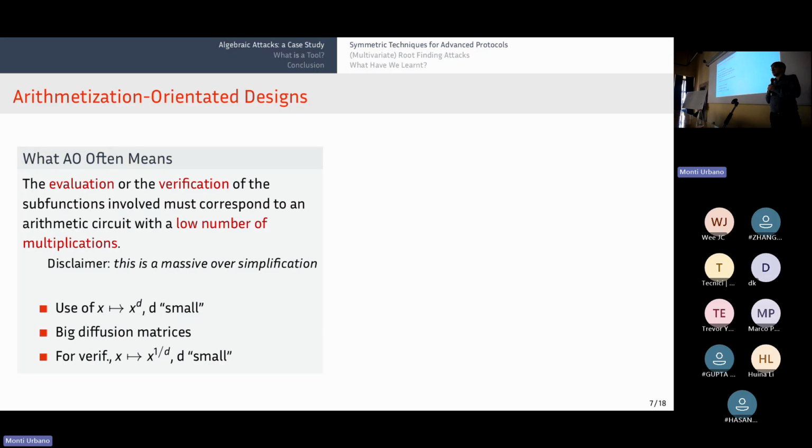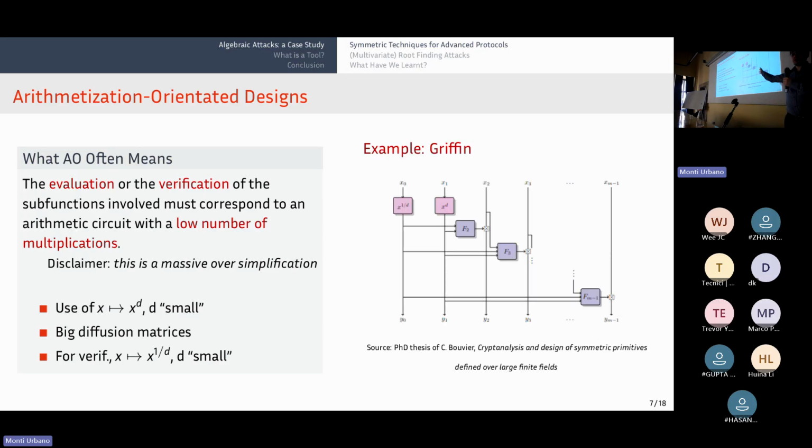They can have, on the other hand, big diffusion matrices, because often the additions are much cheaper. And in the case where what you care about is the arithmetization of verification, they will often use the inverse of small monomials, the compositional inverse. And it's going to look like this. For example, this is Griffin. The picture is from the thesis of Clémence. It's just the nonlinear part of Griffin.